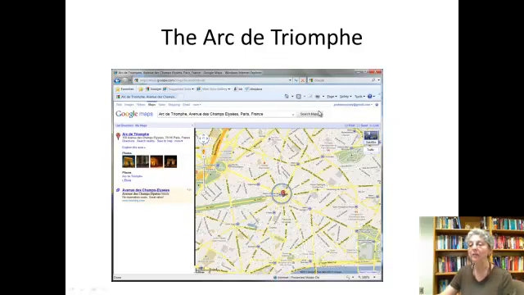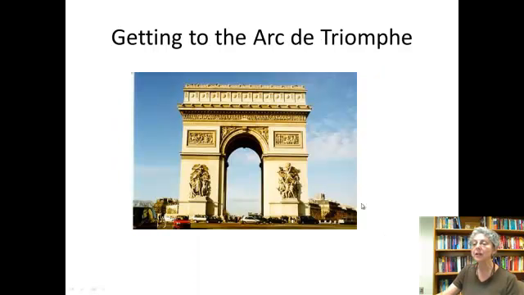Another example: years ago I visited Paris and went to the Arc de Triomphe. Here's a picture of it, and you can see there's a traffic circle around it, and in the middle there are some tourists looking at the Arc. I wanted to get over there too. It's not immediately clear how you do that because there are no traffic lights or anything, and cars are whizzing around that traffic circle.